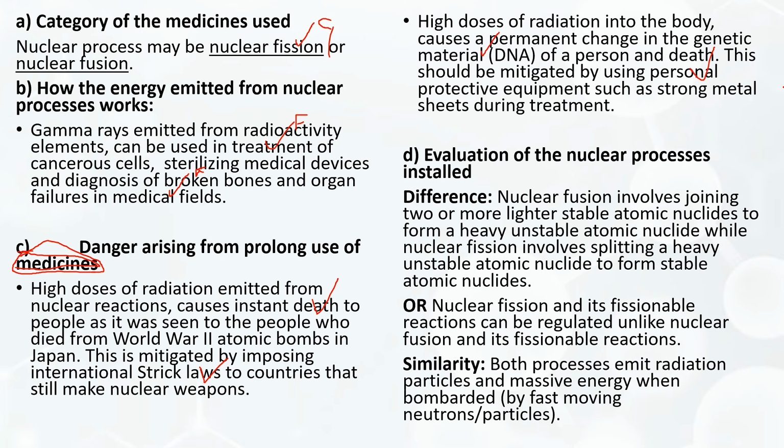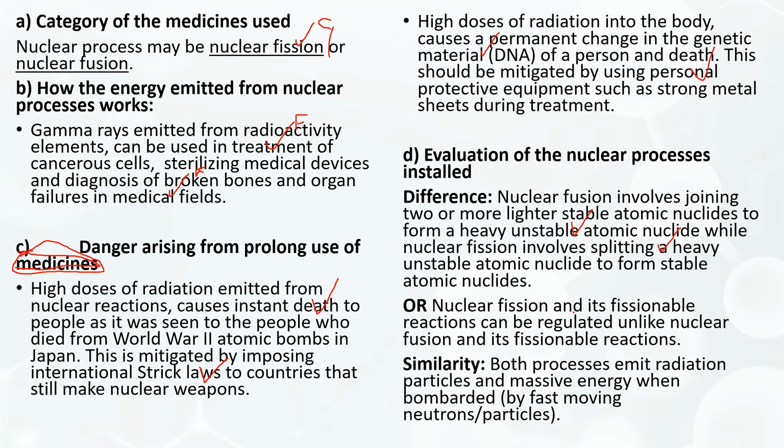So I'm saying here that nuclear fusion involves joining 2 or more lighter stable atomic nuclides to form a heavy and stable atomic nucleus, while nuclear fission involves splitting. This is splitting, while the other is bringing together.